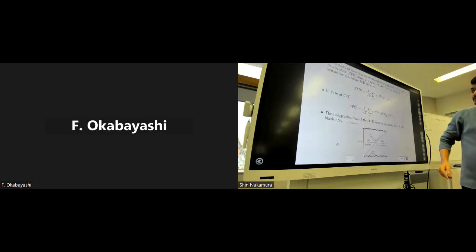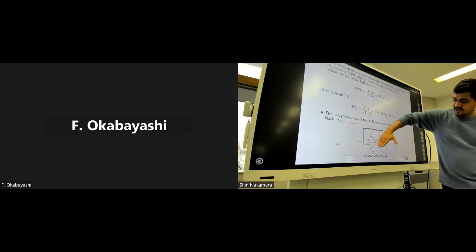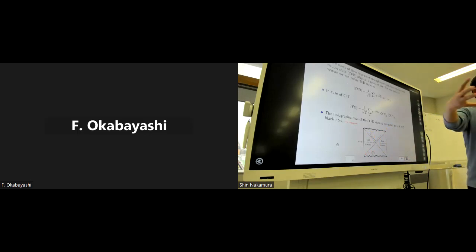For example, in this case, I'm applying the shock from this direction. You can also do it from here, but in that case this V will shift. In my case, I'm applying the shock wave from here, and this side will come towards the boundary, because the black hole horizon will grow.